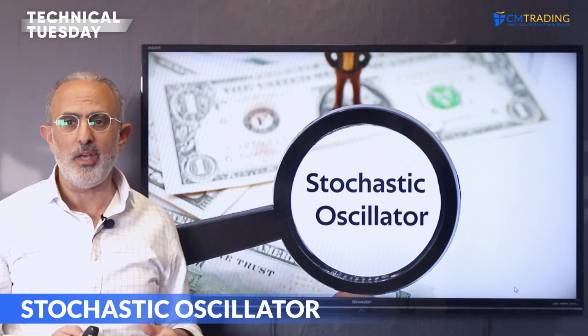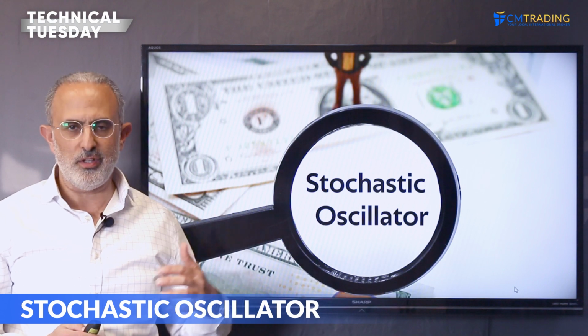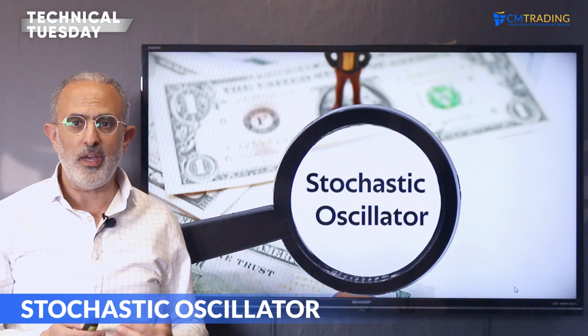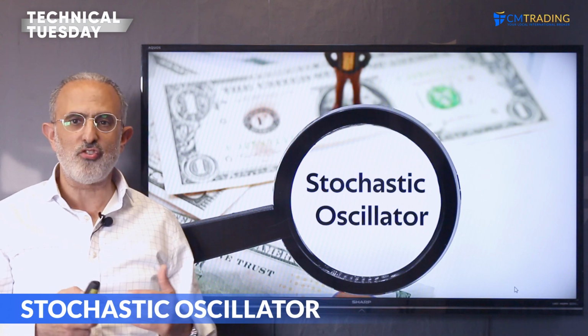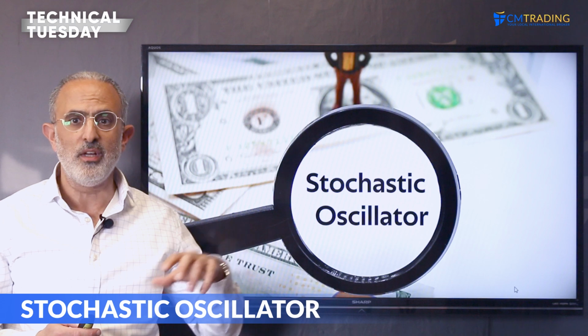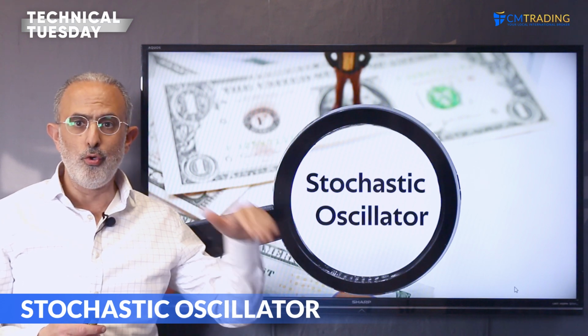There's a current. Now a stochastic oscillator is a statistical formula that we apply in order to gauge the market where it's overbought and it's going to be diverging into a new pattern, a new trend.